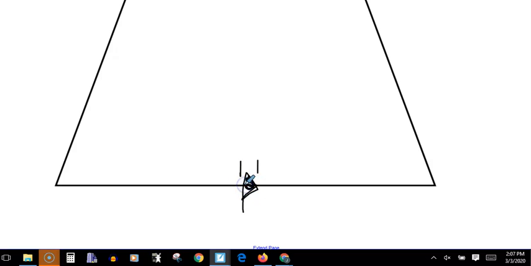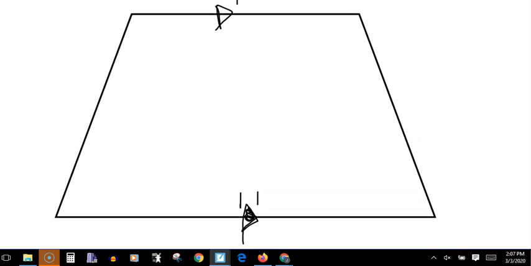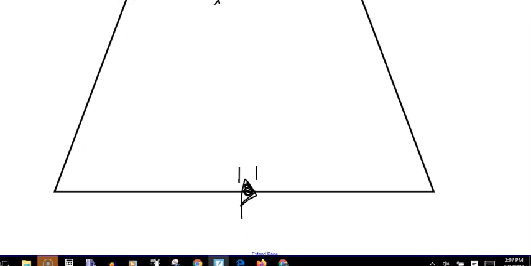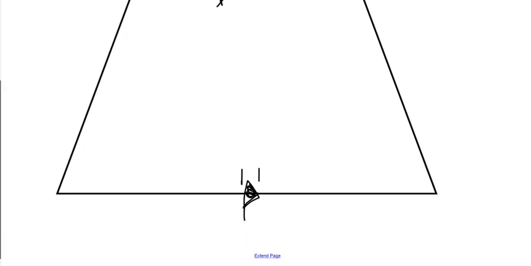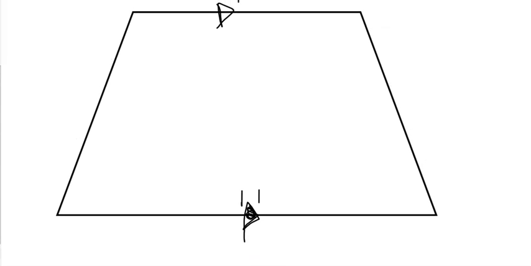So those are parallel. But beyond that, like we did on the first page, those two legs are congruent. So that is an isosceles trapezoid.